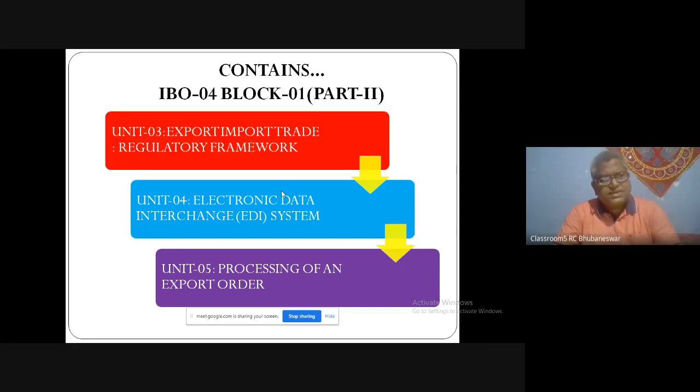My dear students, these are the 3 chapters through which we have to identify some of the important topics for your examination point of view as well as your knowledge point of view. I am presenting through my slides.